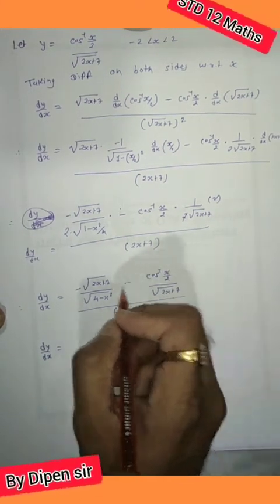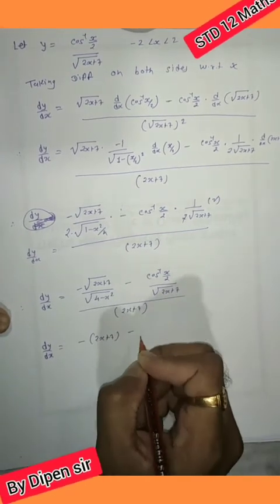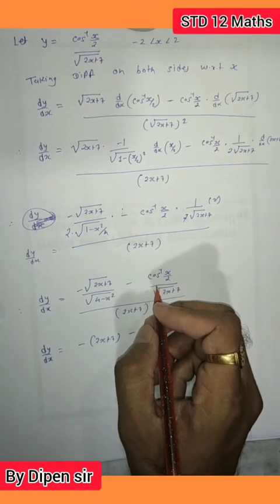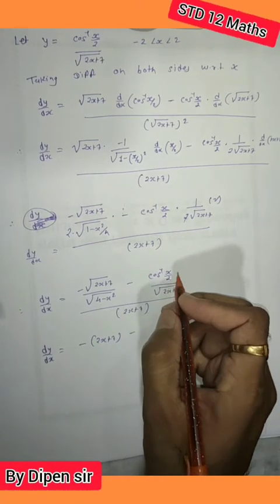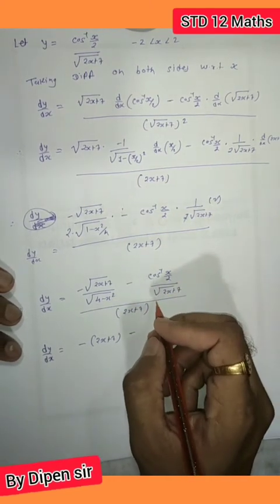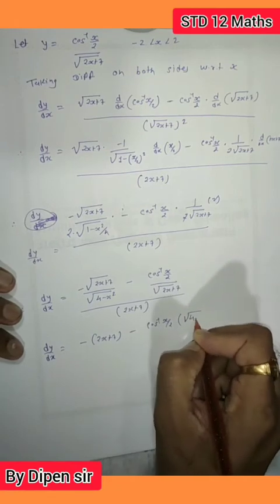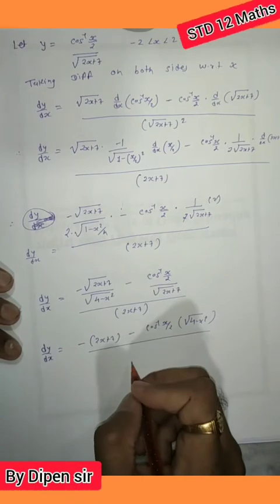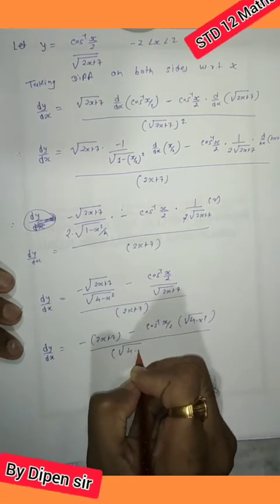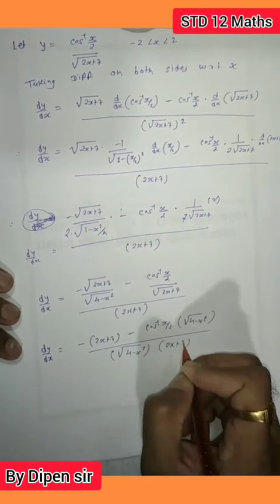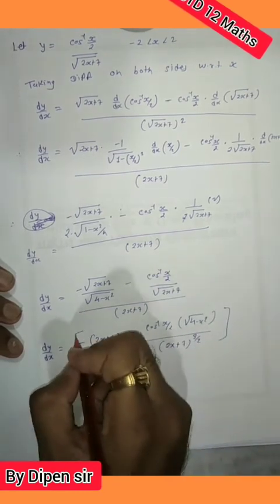This root 2x plus 7 will multiply with this root 2x plus 7, so it will be minus 2x plus 7, minus cos inverse x by 2 multiplied with this entire bracket, cos inverse x by 2 into 4 minus x square, whole divided by this one, the LCM, so it will be square root of 4 minus x square, and this one is 2x plus 7, 1 plus 1 by 2, so it's 3 by 2. Clear? So this is your answer.